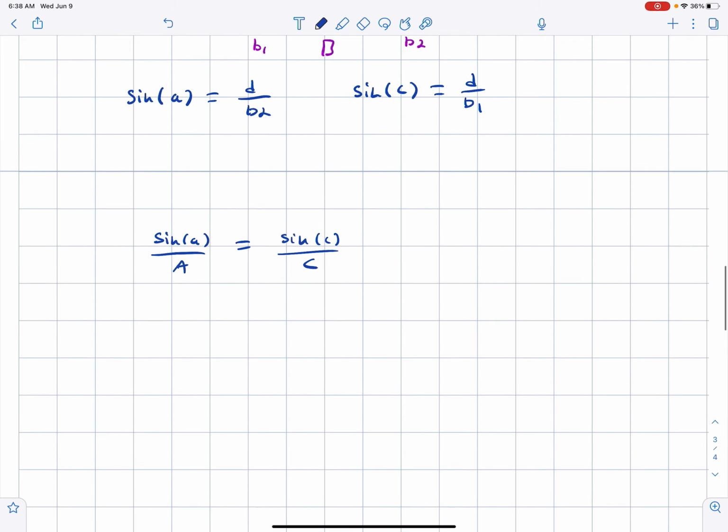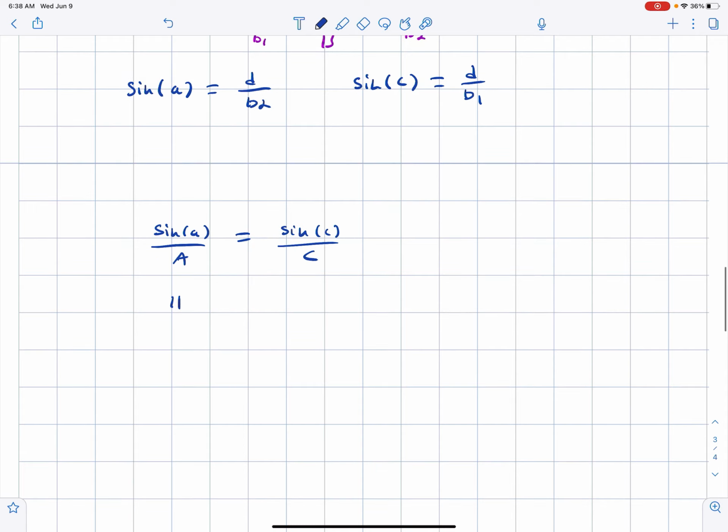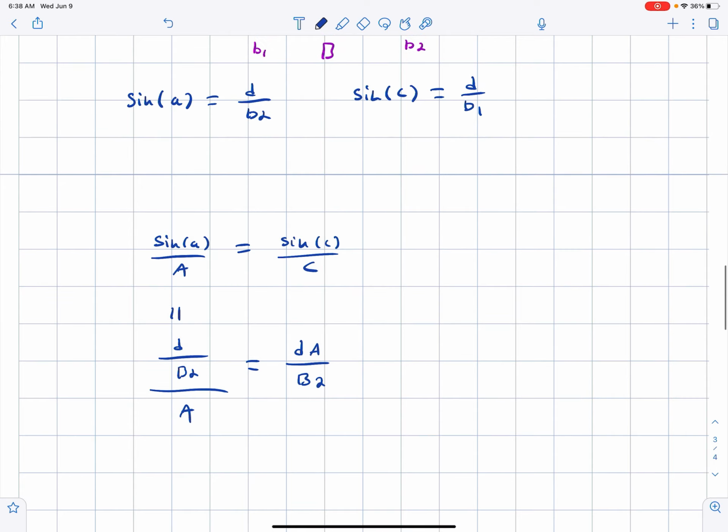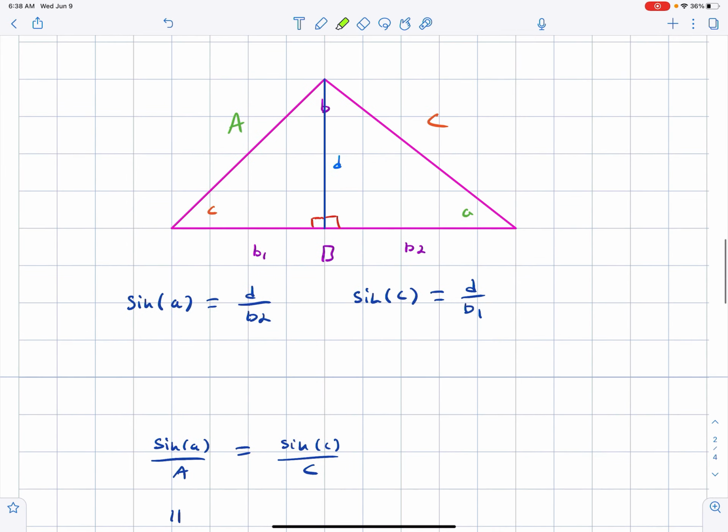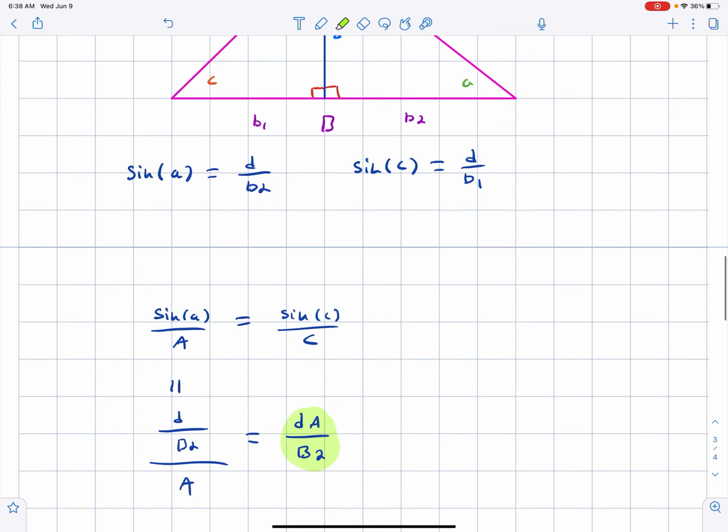What is then sine of little a over A? This is D divided by B2 divided by A, which, when I divide by something, it's like multiplying by the reciprocal. This is D times A divided by B2. That's what sine of little a divided by A is.